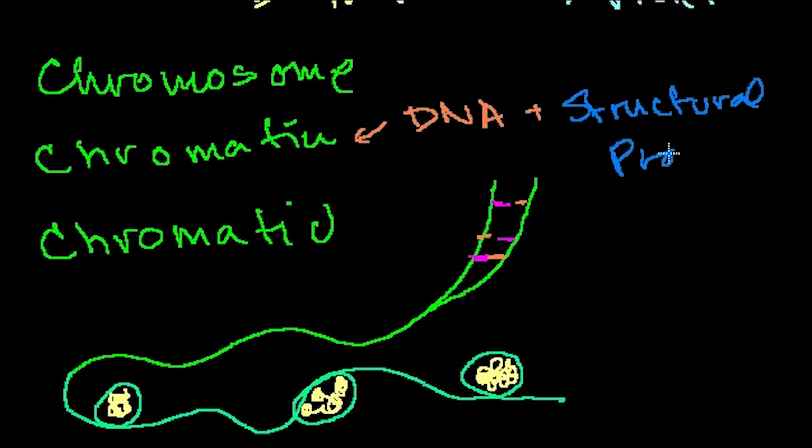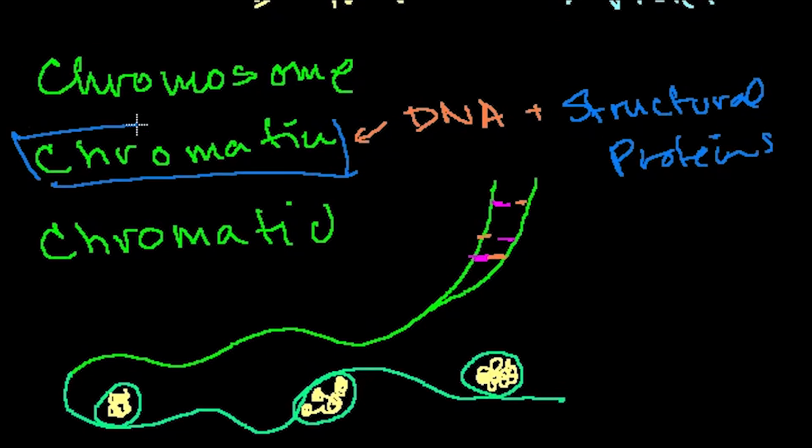Structural proteins. And the idea, chromatin was first used because when people look at a cell, every time I've drawn these cell nuclei so far, I've drawn very well-defined structures. Let's say this is a cell's nucleus. So that's one chromosome, and this could be another one, maybe a shorter one, and then it has its homologous chromosomes.